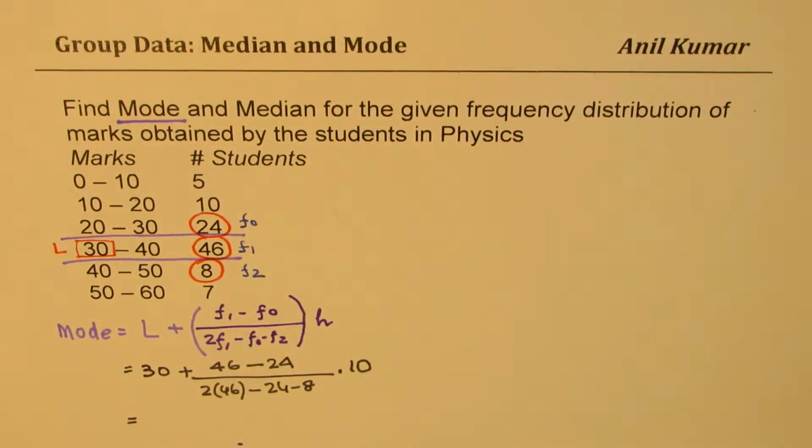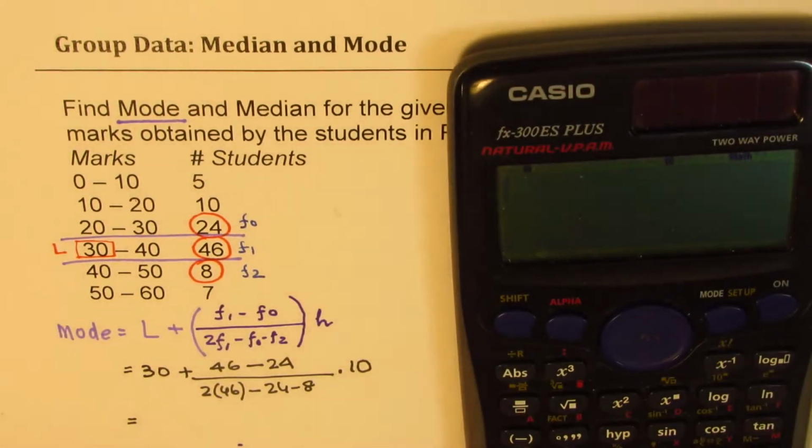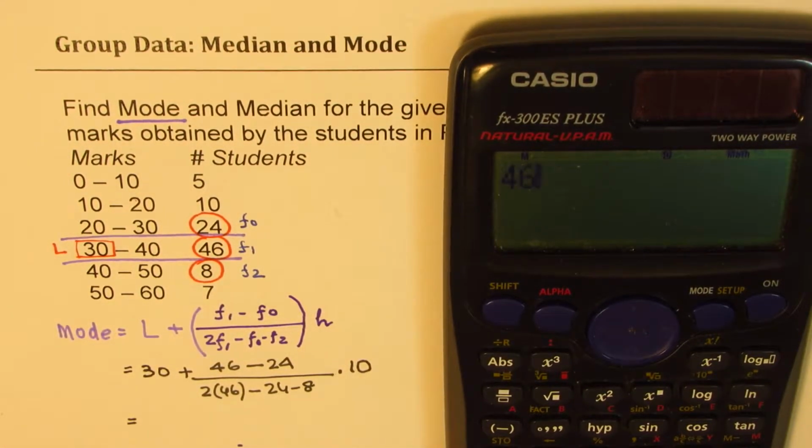Now we'll use the calculator to find the answer. Simple as that, right? So it is 46 take away 24 equals, divided by, within brackets, 2 times 46 minus 24 minus 8, bracket closed, equals, and we are going to multiply this by 10, and then we are going to add this to 30.